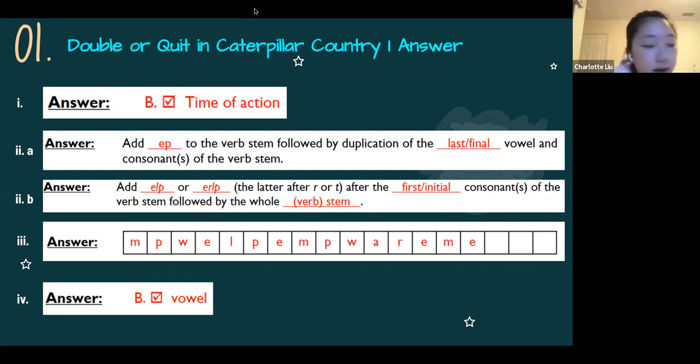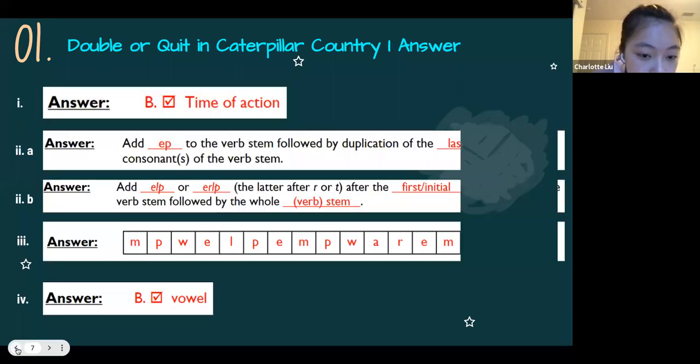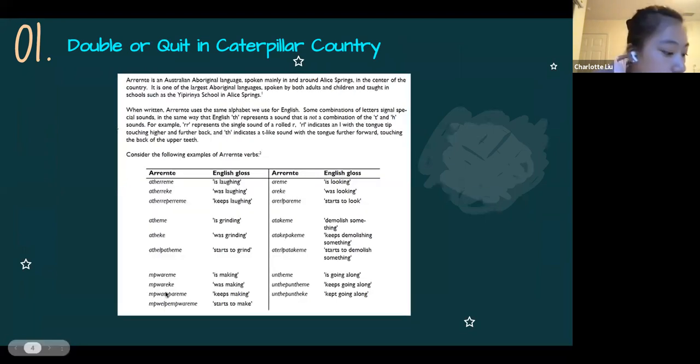Okay, so like I said, for the first one, it's the time of action because it's either is or was. And then for A and B, you basically just look at the examples. So I'll go over one of them. For A, we're looking for keeps on doing.